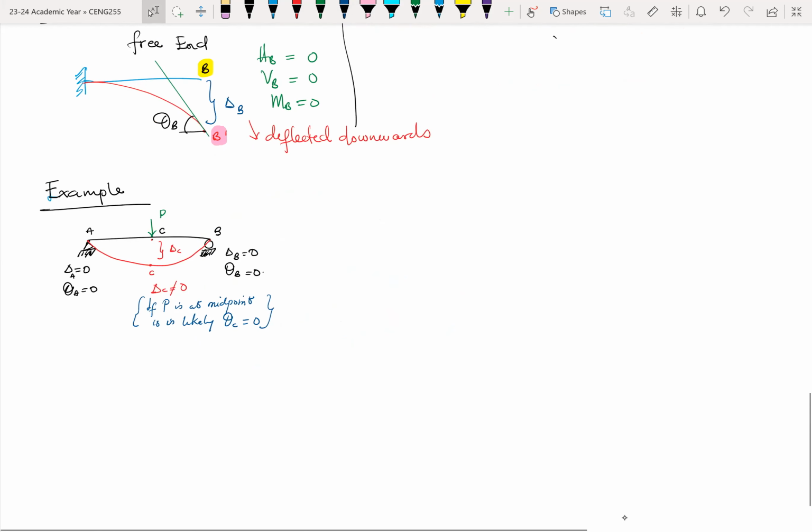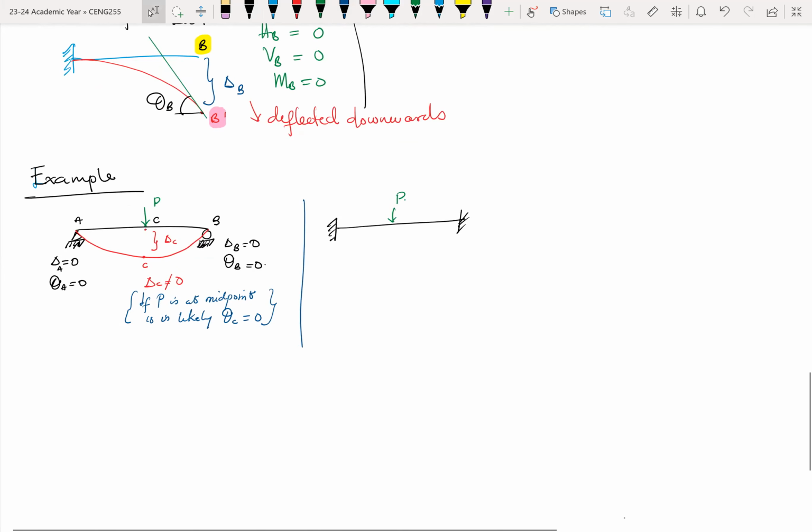Now let's look at another case where instead of pin supports, we have fixed supports at the ends. So it's pretty much the same length of beam with the same load right at mid-span, and its deflected shape will be slightly different, because at supports A and B the supports are fixed.